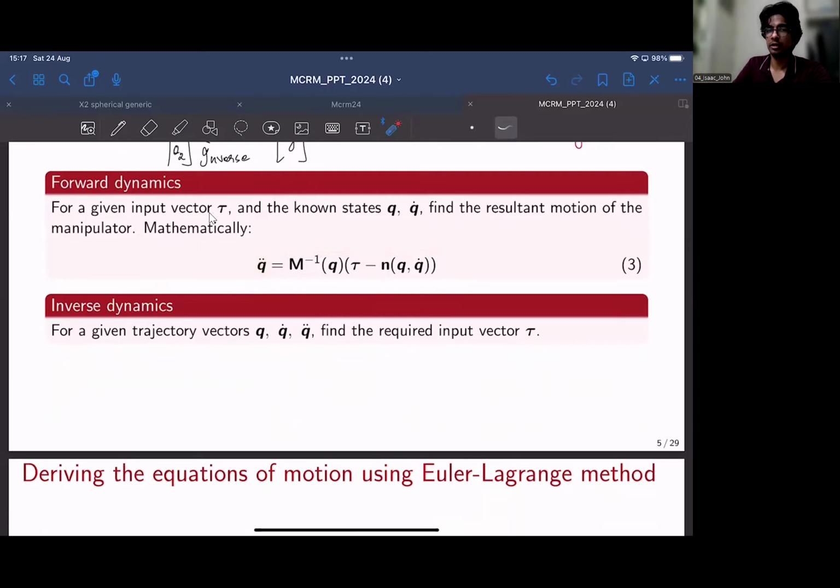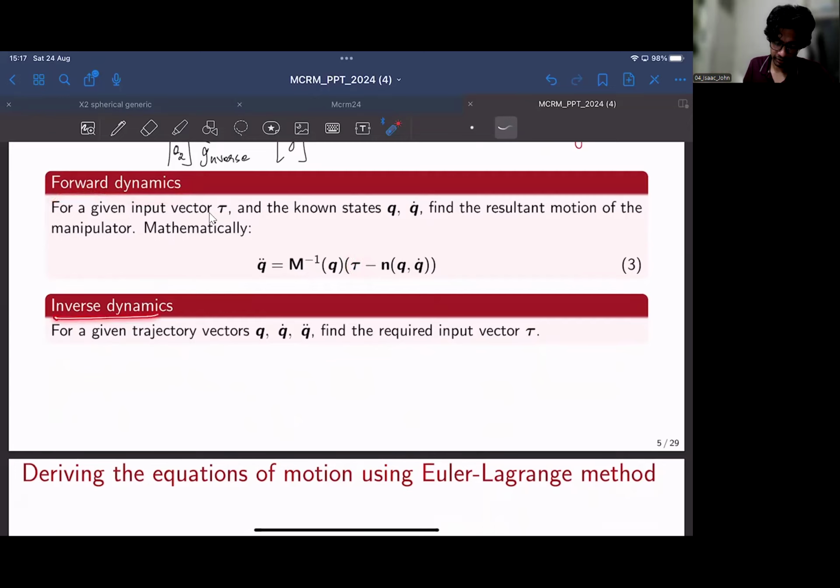So the new positions from the initial positions due to the effect of these forces will be obtained by this equation and then successive integration of this equation. It keeps getting updated until you stop at some value or unless there is some damping on the system. Otherwise, it keeps on going. So that is about forward dynamics.